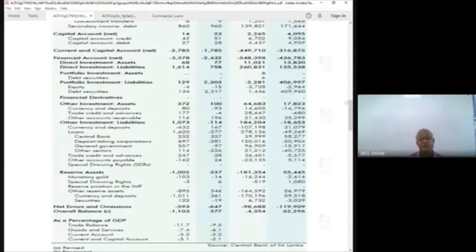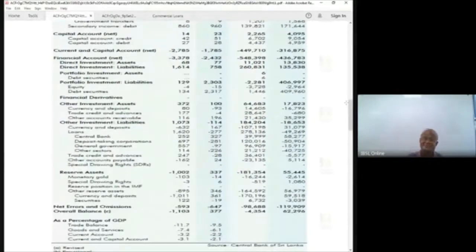In the financial account, we have the sale of assets, and transactions related to foreign direct investment. If you sell a particular Sri Lankan government-owned asset to another country, you get receipts.